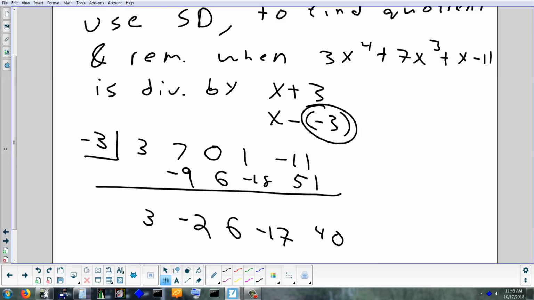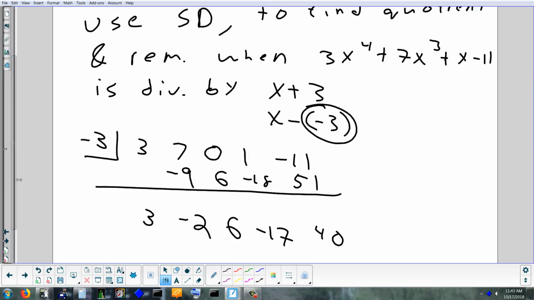So, what does that mean about x plus 3? It's not a factor, which means -3 is not a root. So if you were trying to factor this problem, x plus 3 is not the way to do it. So you got a remainder of 40 and a quotient of 3x cubed minus 2x squared plus 6x minus 17.